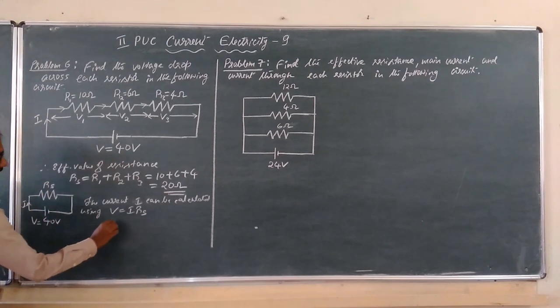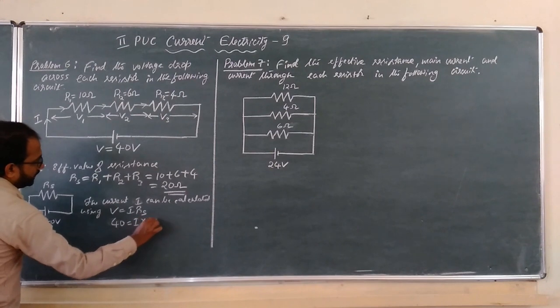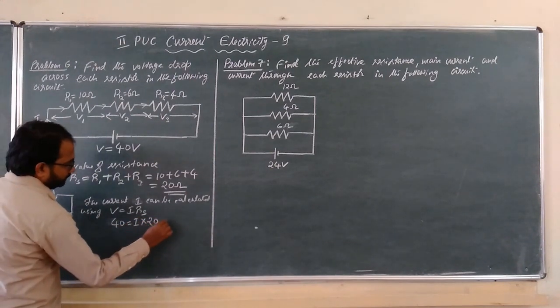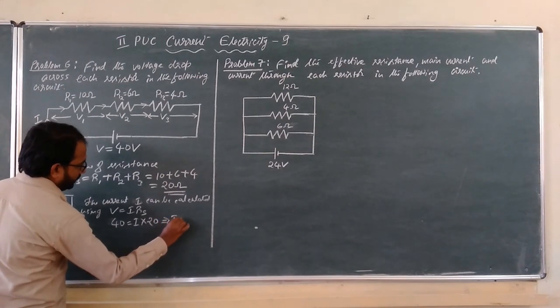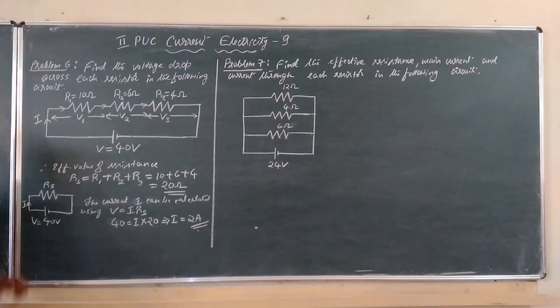V is 40 volt, I is unknown, Rs is 20. So I is equal to 40 by 20, that is 2 ampere. So the current flowing through the circuit is 2 ampere.